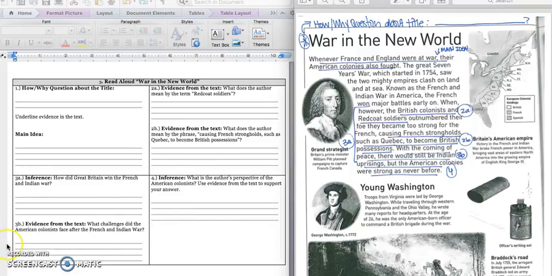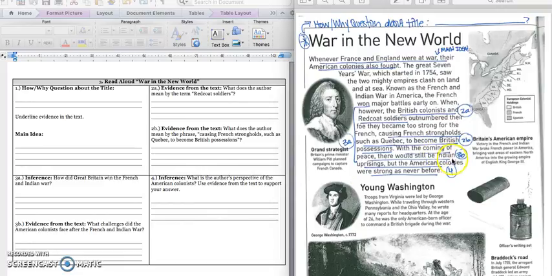It says, what challenges did the American colonists face after the French and Indian War? If we go back after the war ends, we have this last sentence in our text that says, with the coming of peace, that means the war ended because there was peace. There would still be Indian uprisings in the American colonies, but the American colonies were strong as never before.